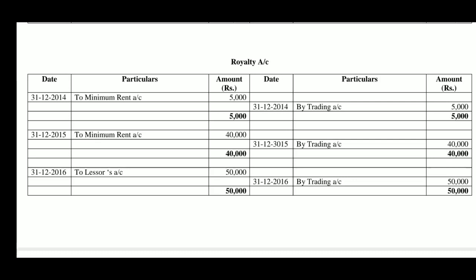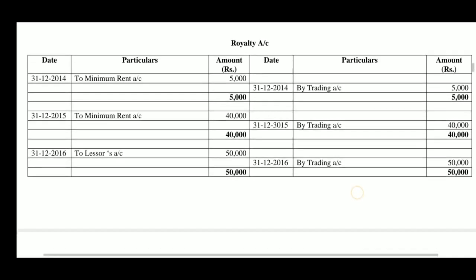In the third year, royalty account debtor to lessor's account. Here in the third year, royalty and minimum rent are equal, so the minimum rent account is not appearing. Therefore, royalty account debtor to lessor's account 50,000 rupees, which is transferred to the trading account, by trading account 50,000 rupees.